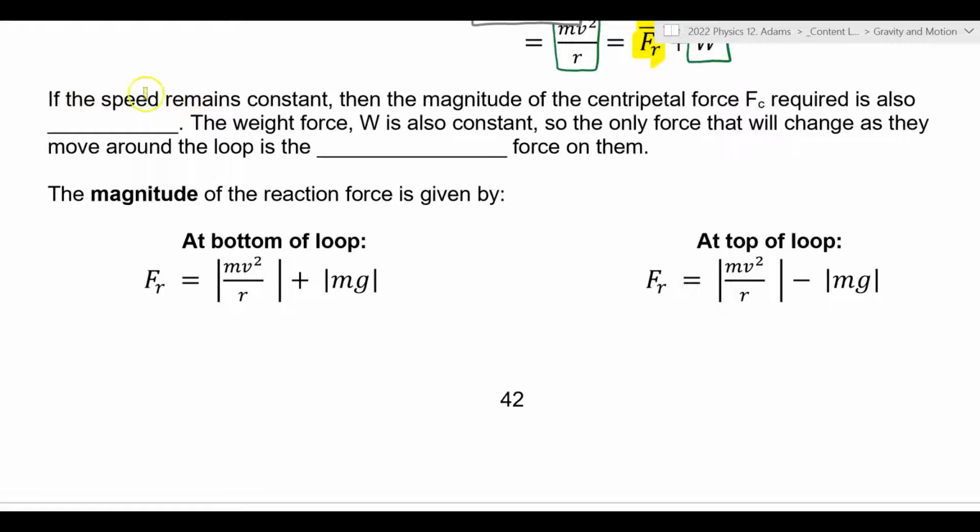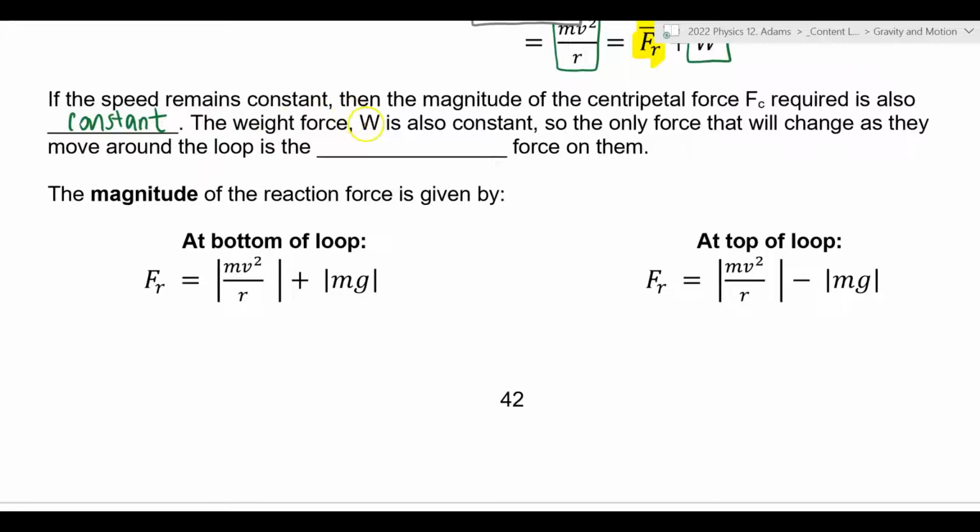If the speed of the circular motion remains constant, then the magnitude of the centripetal force required is also going to be constant, isn't it? Yeah? Notice it said magnitude. The direction's going to change because it's always towards the center of the circle, but the magnitude remains constant.